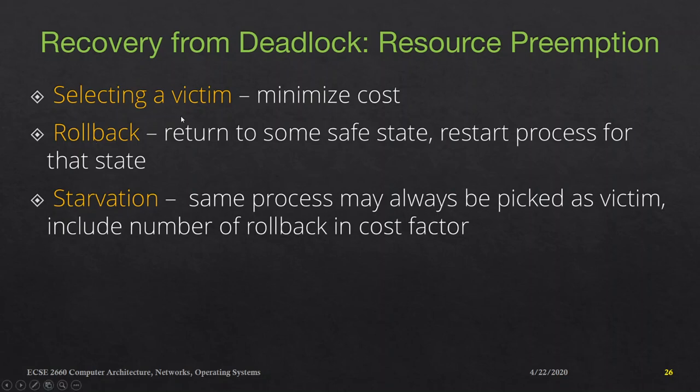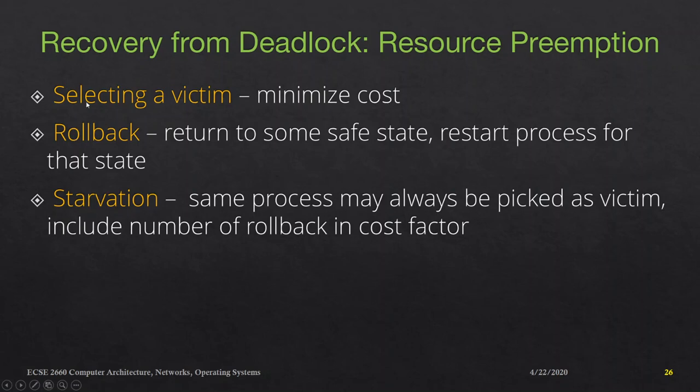Again, we are trying to select a victim here, but we are going to select a victim such that we minimize the cost, which means that, with the same sort of questions that we answered earlier, we are going to choose a process that is high priority, or has only a few resources that it is using right now, and it's very low cost, meaning not too many other processes are going to be affected because of its elimination. So it's a very important and crucial step, but we do need to select a victim to preempt resources from.